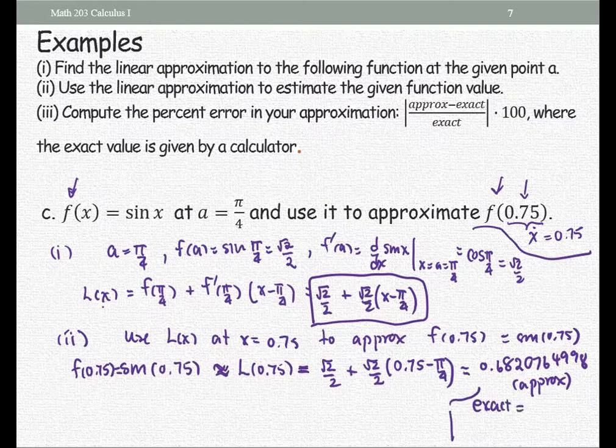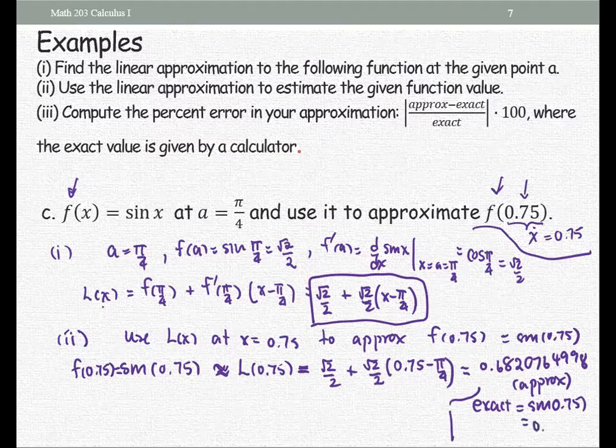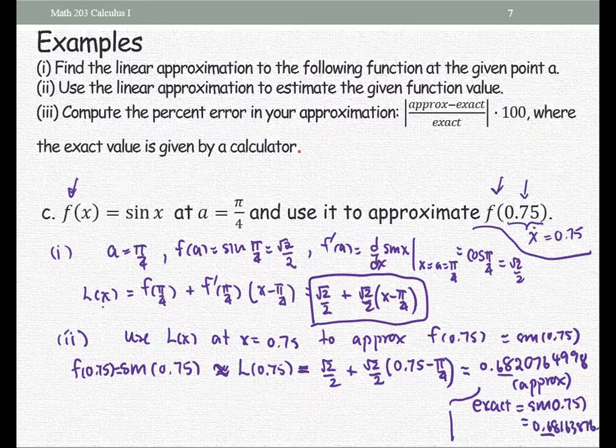Check the exact, which is the sine of 0.75, which is, this is very close. So 0.68. At least we see the same first two digits. 0.6816386 and so forth. Okay, that's a good sign. So it should give us a very small percent as a difference when you compare the exact and the approximate.